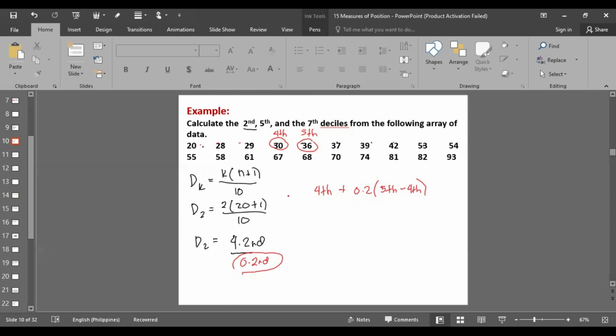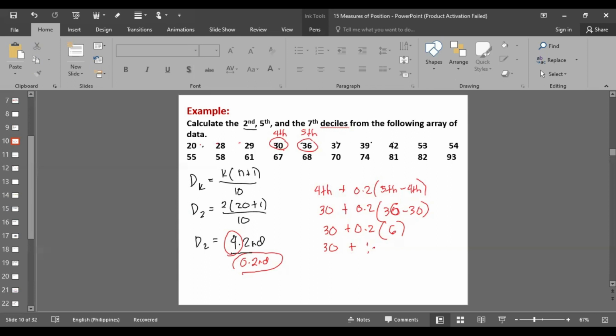So ito yung gagawin natin para malocate natin yung 2nd decile. Kinuha natin yung 4th score, which is 30. I-add natin siya sa 0.2, and then i-multiply natin siya sa difference ng 5th and 4th score, 36 minus 30.